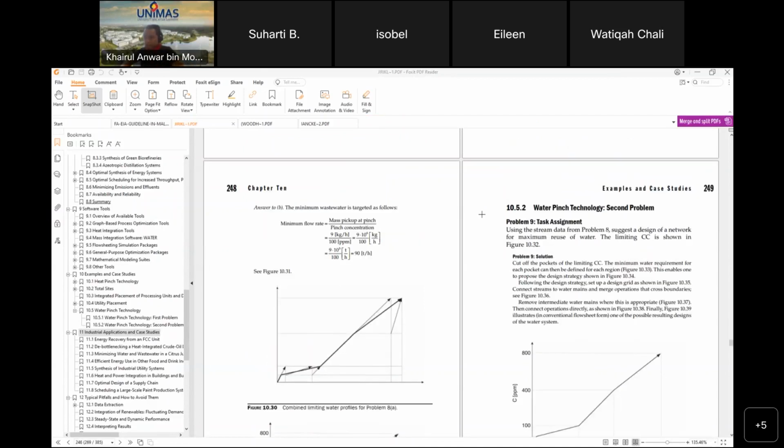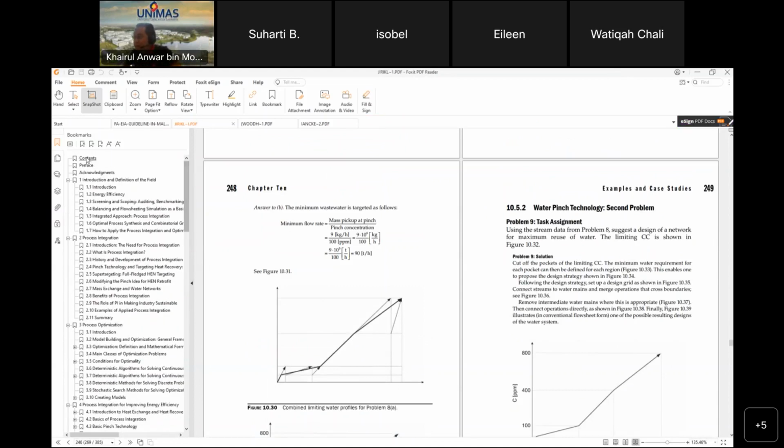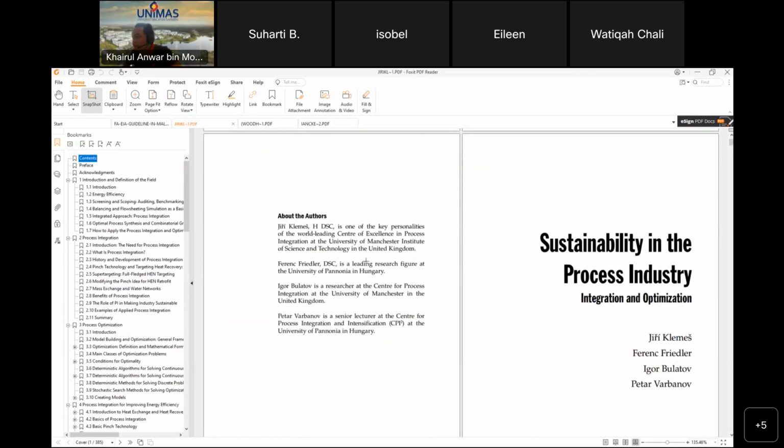So this book, is it done? Sustainability in the Process Industry: Integration and Optimization.